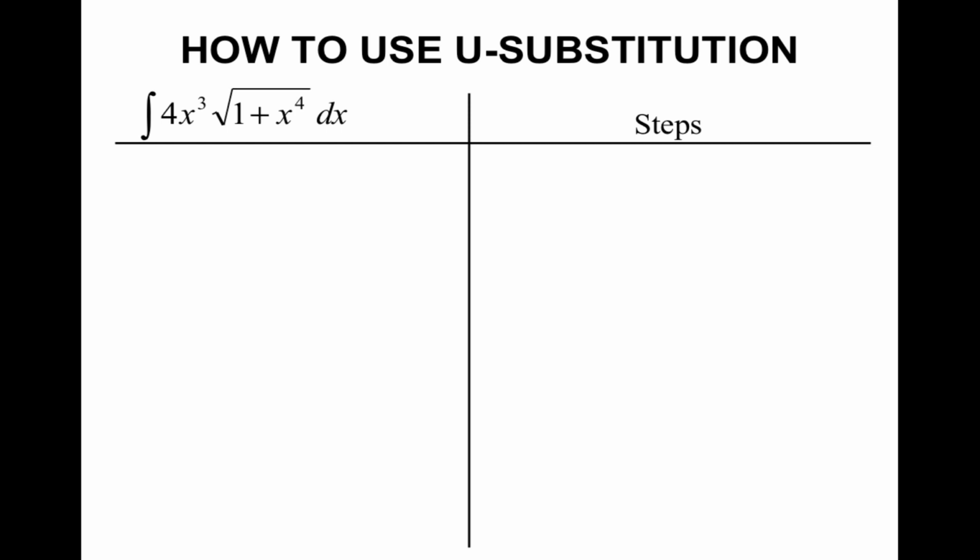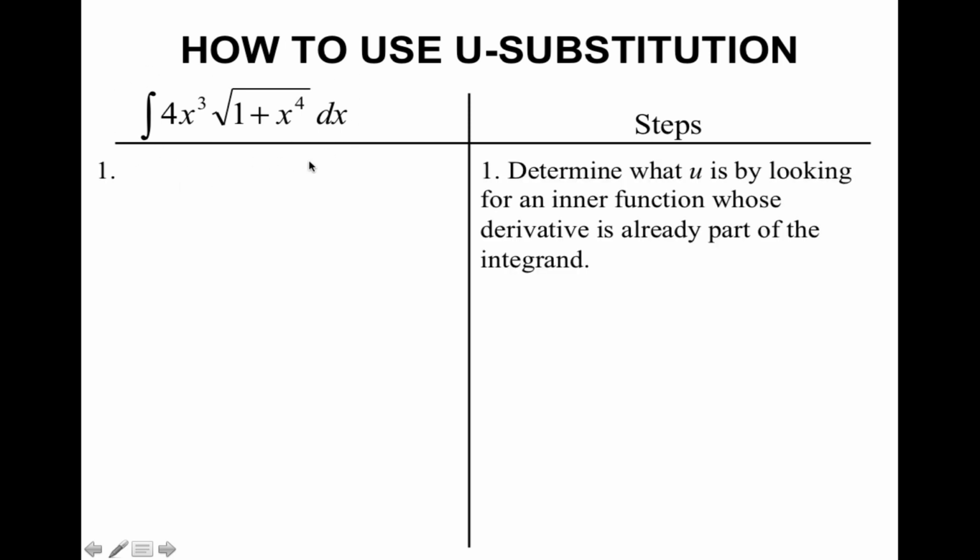So how do we use U-substitution? We're actually going to integrate the problem that I gave you at the very beginning. The first step is to determine what u is by looking for an inner function whose derivative is already part of the integrand.